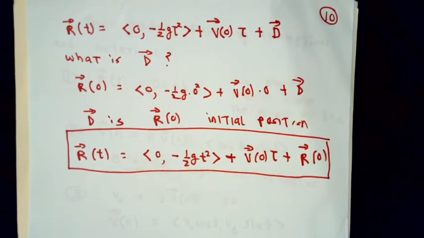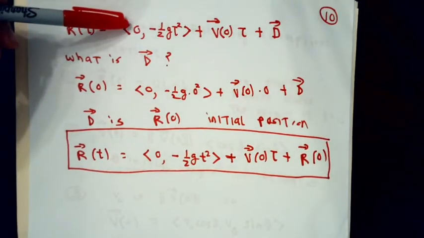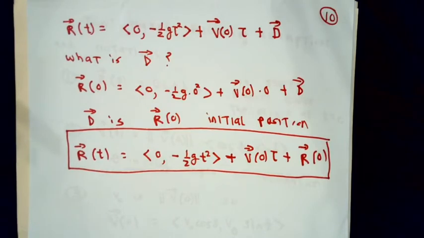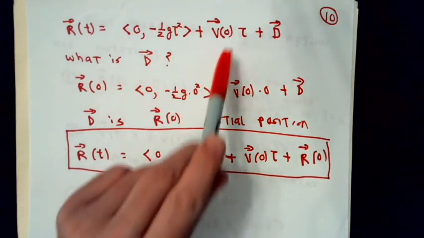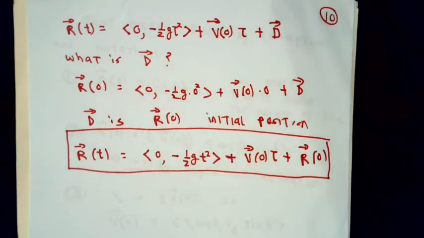The position vector then is 0, comma, negative 1/2 gt squared, we integrated with respect to t, plus, this was a constant vector. The antiderivative for a constant vector is that constant vector times the variable, which in this case is t, plus a constant vector of integration. I called it d this time just for variety.